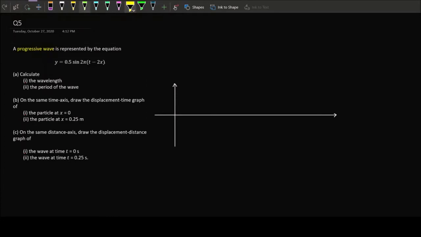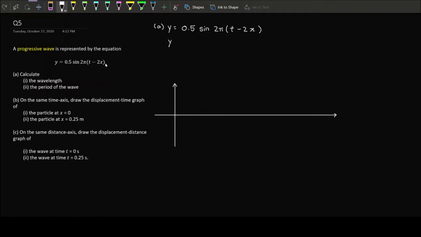Okay, so when we are given an equation, what we usually do is we compare it with the general formula to extract information about it. So y equals to 0.5 sine 2 pi t minus 2x. This is the equation given to us.